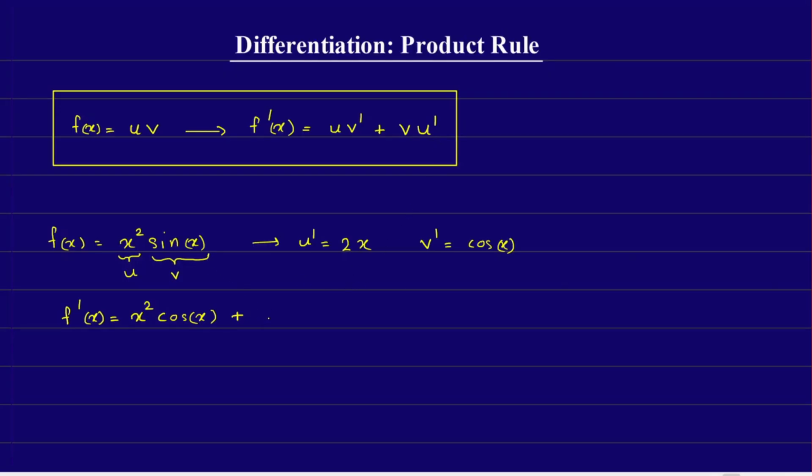So v is sine x into u dash, which is 2x. And this can be written as x squared cos x plus 2x sine x.